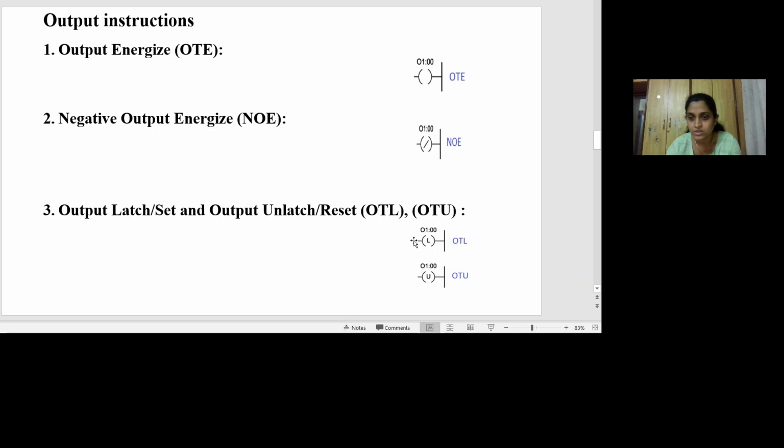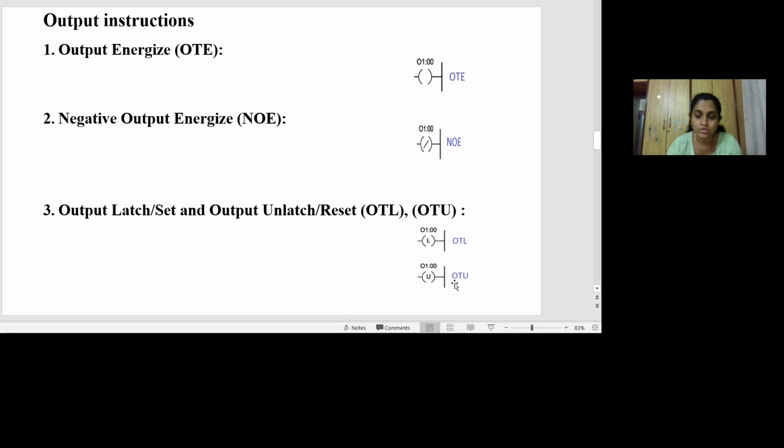Momentarily means only for a short duration of time it is turned on. In that case, the output coil will be energized, and even if the condition on the left is switched off, the output will remain on.